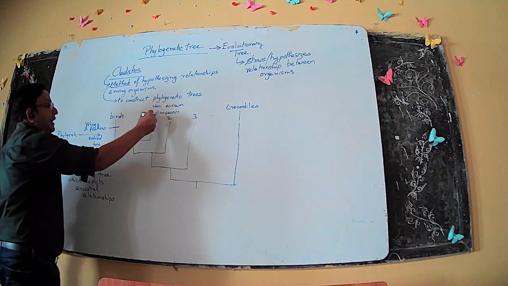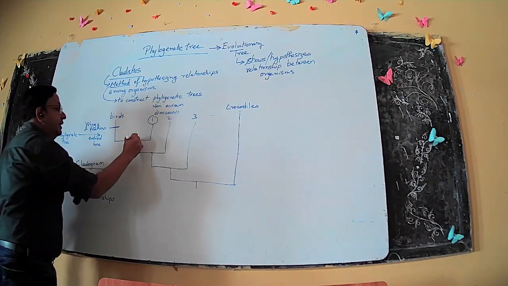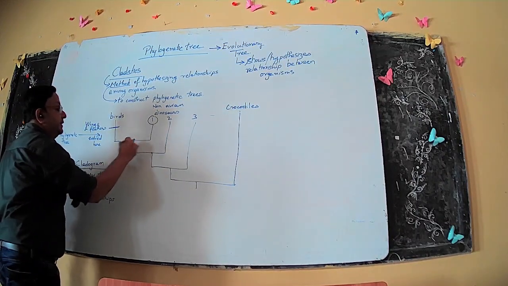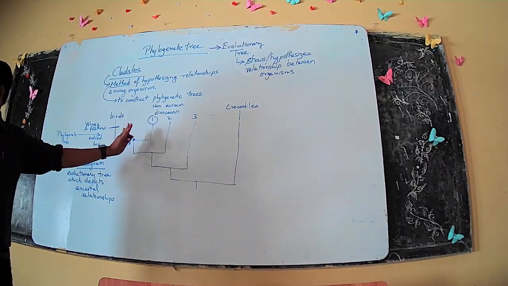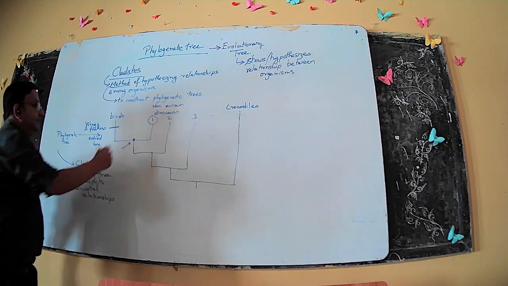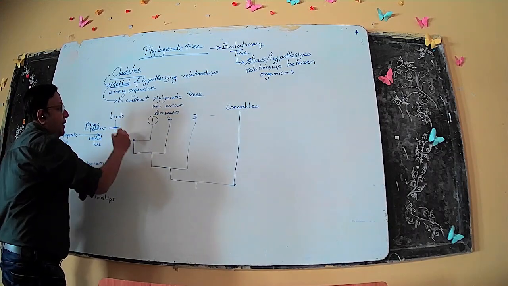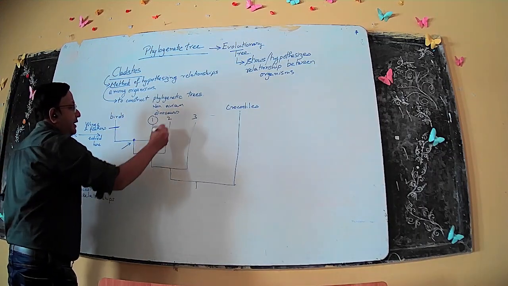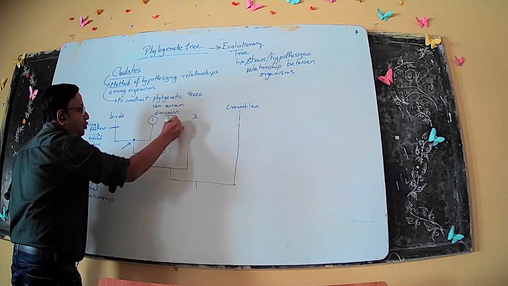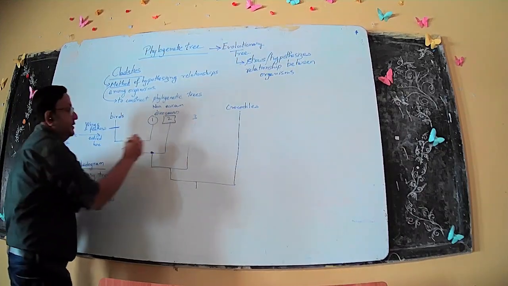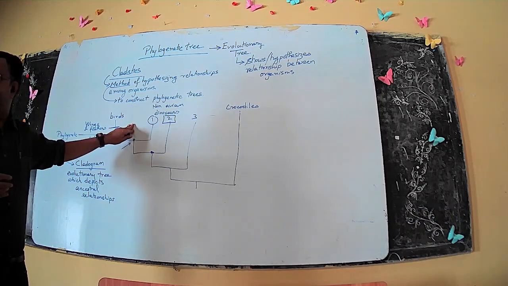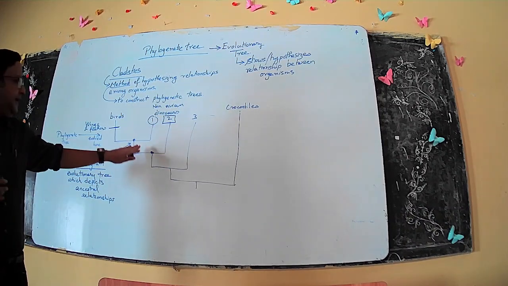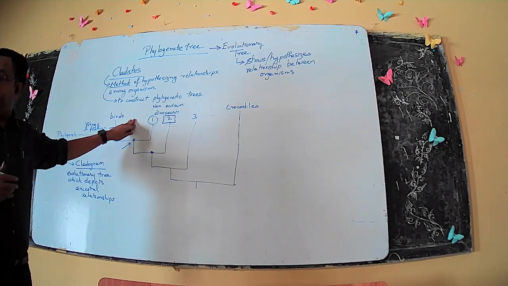So the bird and the non-avian dinosaur 1 had this common ancestor. I have not named anything. Then birds and dinosaur 1 and 2, they had this common ancestor. Some mutation came and they became separate.